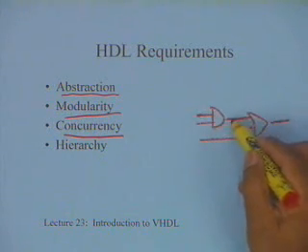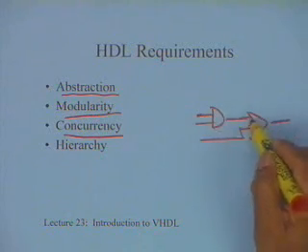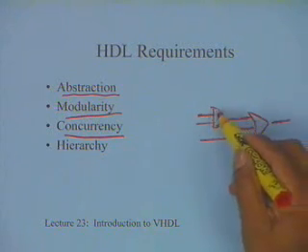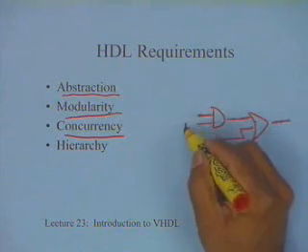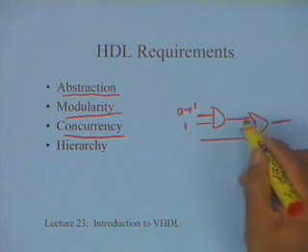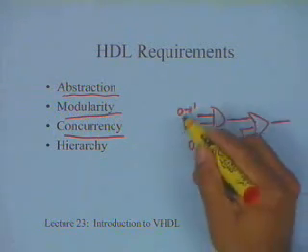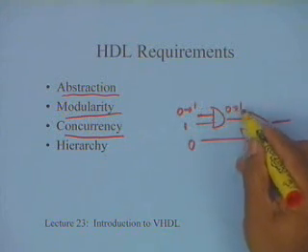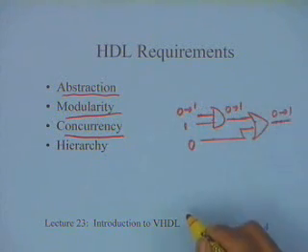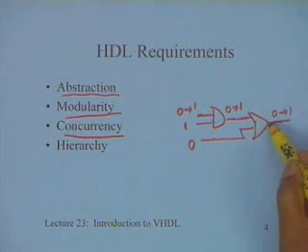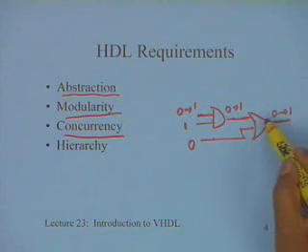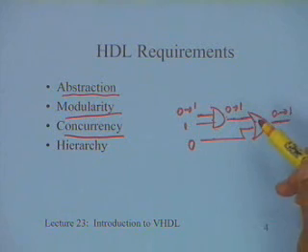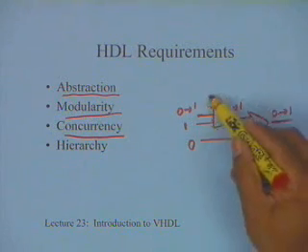Any change here will first be reflected here and then here, but that is only the data flow. For example, if this was 1 and this changed from 0 to 1, and let us say this is 0, then this was 0 and will become 1, and this was 0 and will also become 1. The fact that this transition happens later than that one is only because of the data flow.